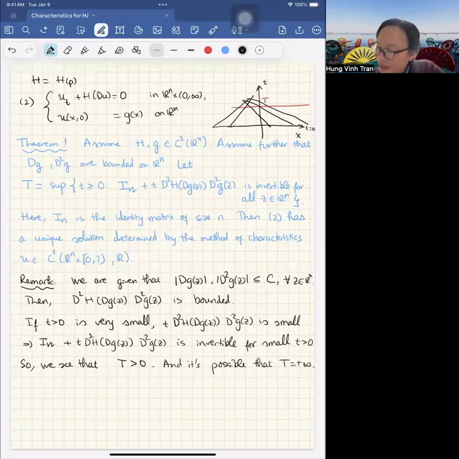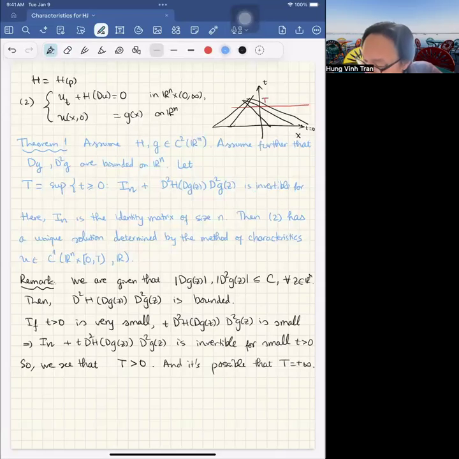Maybe to make it really rigorous, let me change this one a little bit. It's invertible. Maybe let me change this one to S, just to make our definition very rigorous.